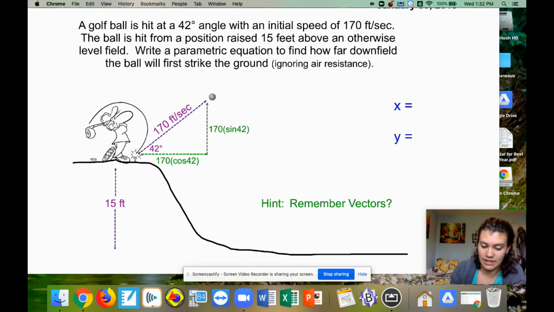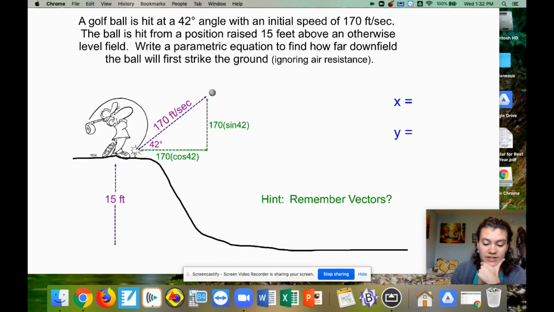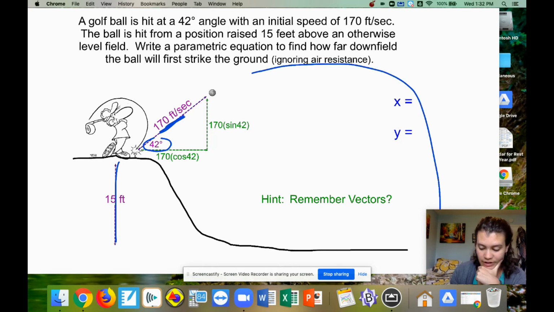So the example here. A golf ball is hit at a 42-degree angle with an initial speed of 170 feet per second. It's hit from 15 feet above the ground on an otherwise level field. We want to figure out when this ball comes down and hits the ground.